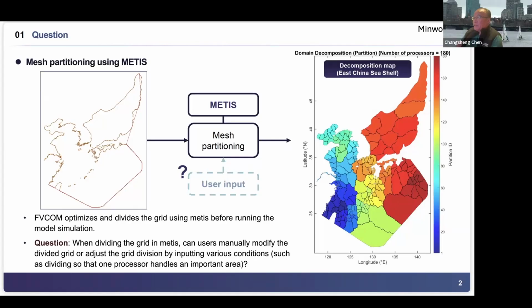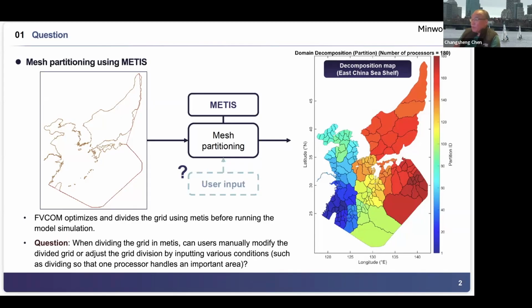So there's no option for the user to ask METIS. There are no other options in the code. When FVCOM was in early development, when we did the benchmark testing cases, some people did the decomposition themselves.